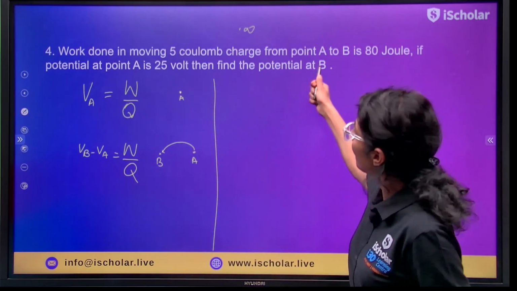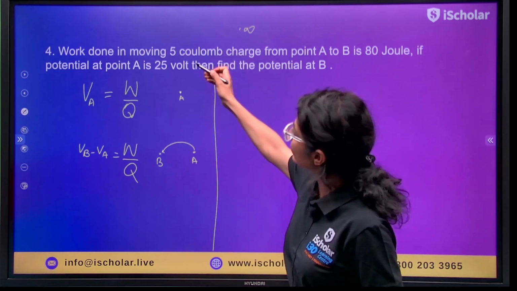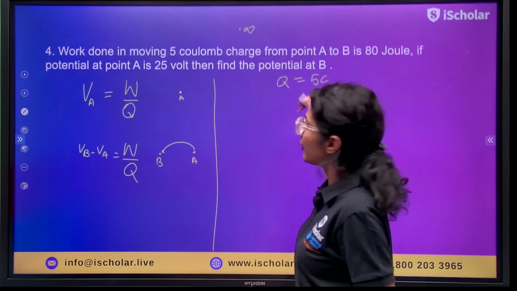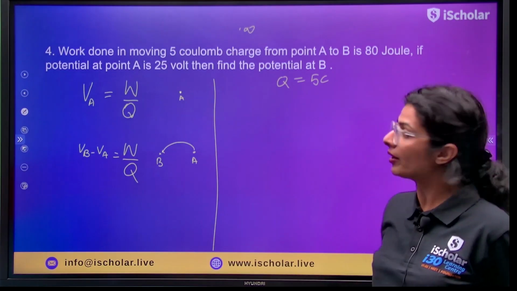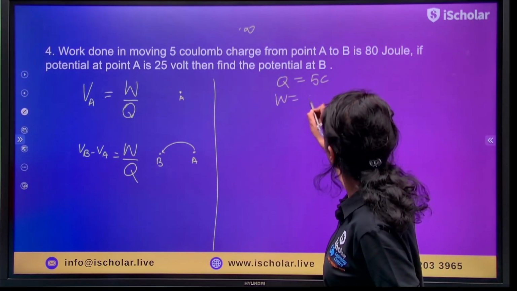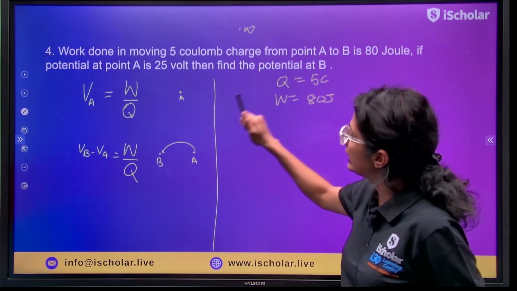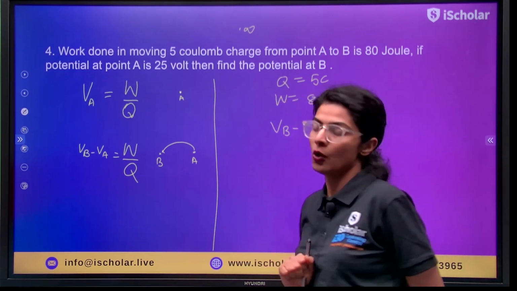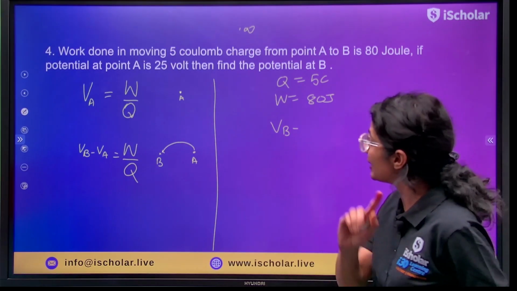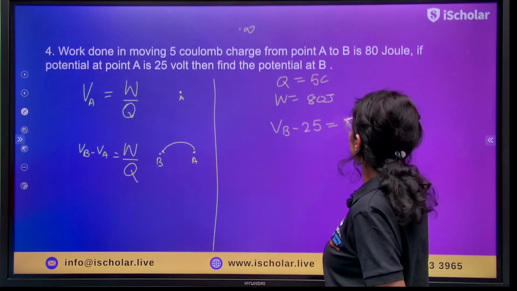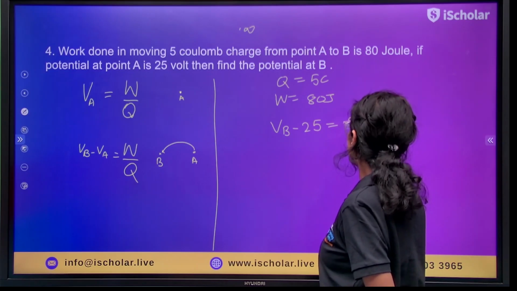Coming to this, find the potential at B point. Okay, so again writing all the values which are already given in the question. Work done is given as 80 joule. The potential at A point is 25 volt. We need to calculate potential at B. So VB minus VA is equal to work done per unit charge, that is 80 by 5.